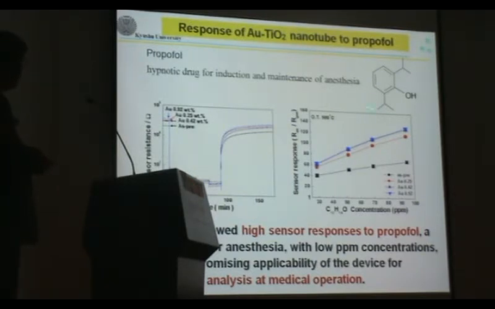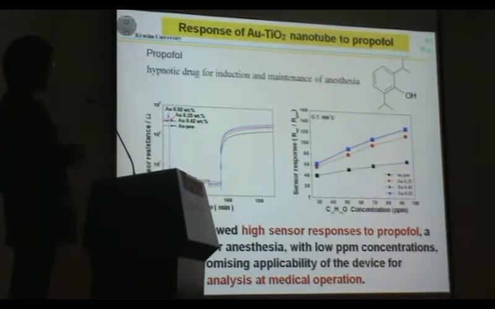And the propofol molecule is larger than toluene. Usually a general semiconductor gas sensor couldn't detect this kind of gas because the molecular size is too large.